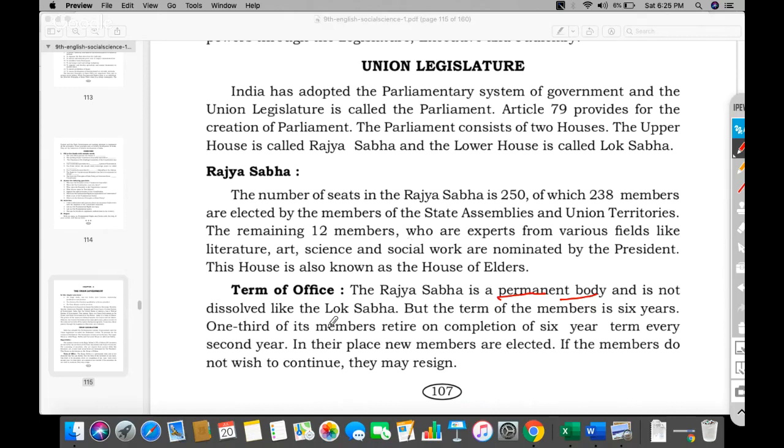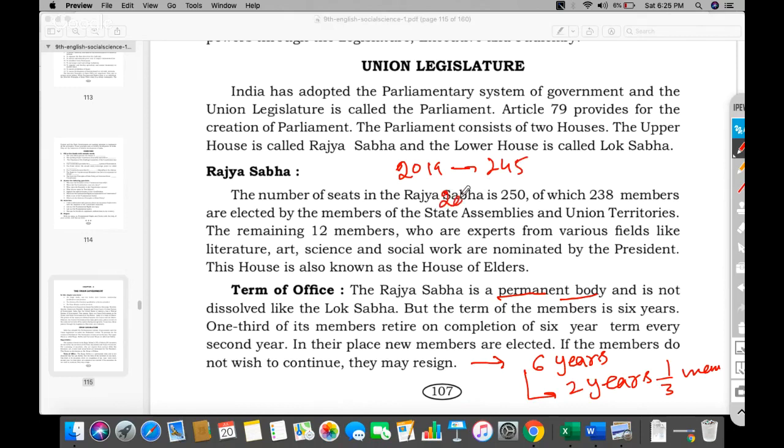So try to understand, the term of each member in the Rajya Sabha is 6 years. So every 2 years, 1/3 of the members lose their seats. Suppose this is year 2019. So already 245 members are here.